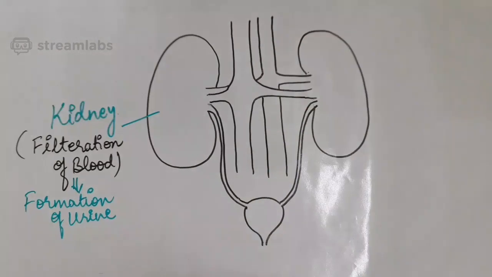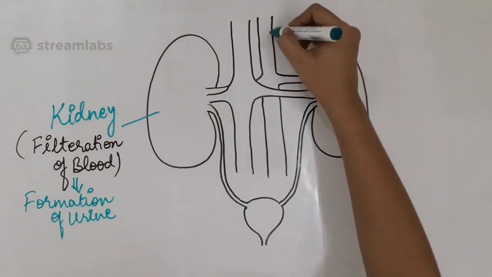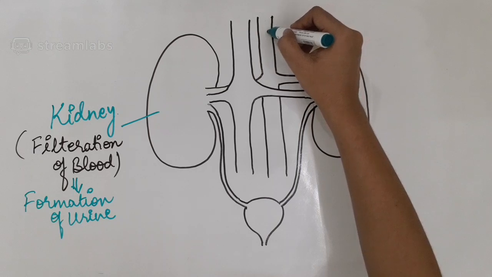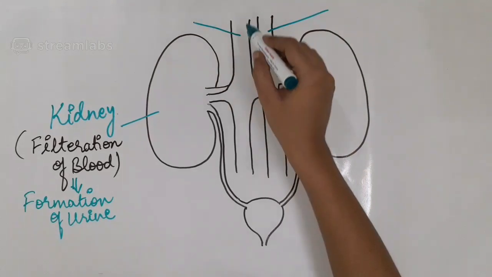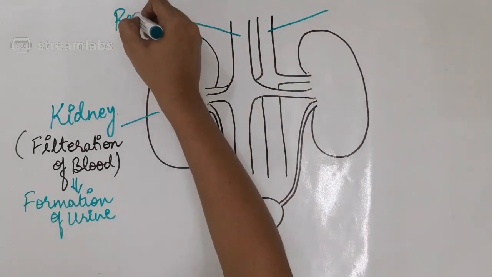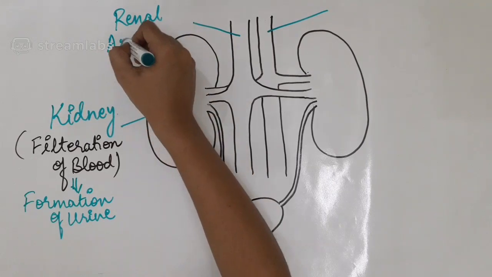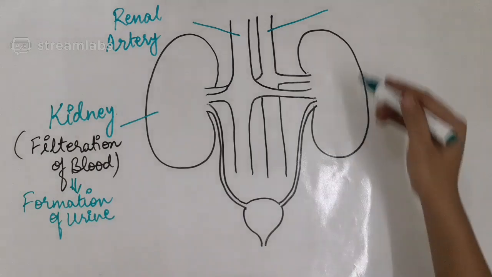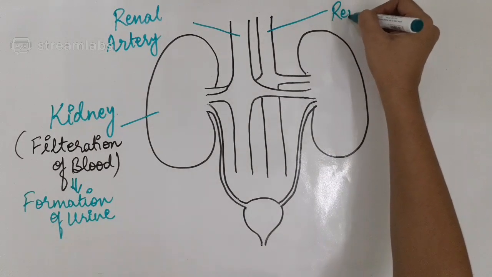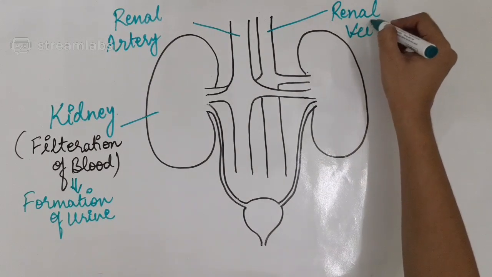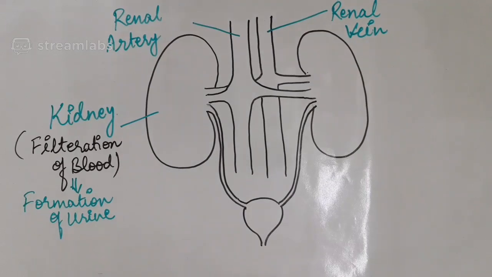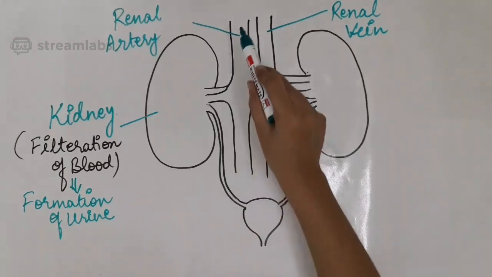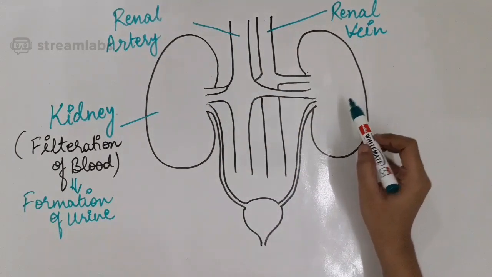And these two are the arteries and veins. The renal artery that brings the blood into the kidneys and the renal vein that takes the blood from the kidneys. It comes to the kidneys after filtration.